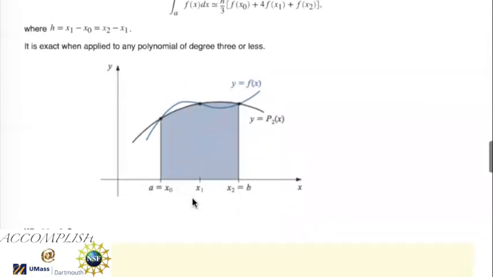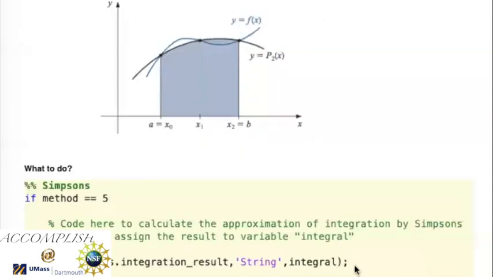And the formula actually looks like this. So x0 is the A, x1 is the middle point, x2 is the B. And h here is the distance between 2 neighboring points. So h here is x1 minus x0 or x2 minus x1. They're equally spaced, so they're the same, right? So this is the formula.